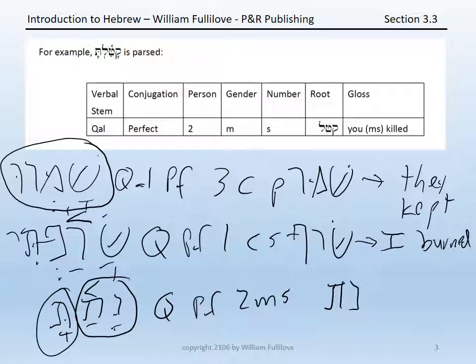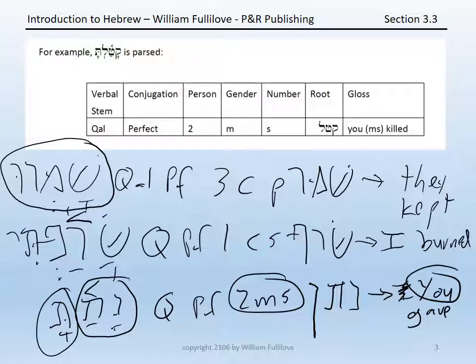Where is the third root letter? It is the assimilation of our friend nun, and this would be then glossed as, I'm sorry, you gave. And because I have parsed as a masculine singular, the ambiguity of the English word you is removed. This is you, masculine singular, gave.